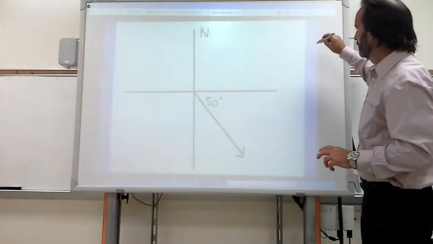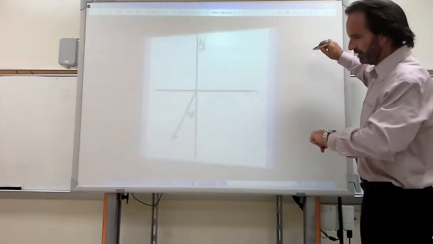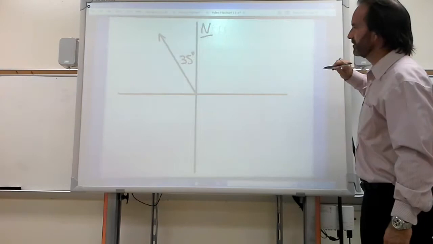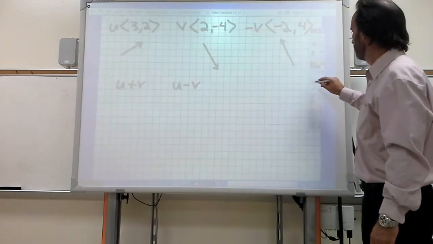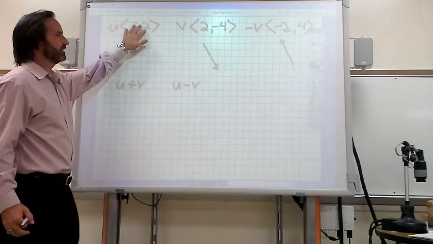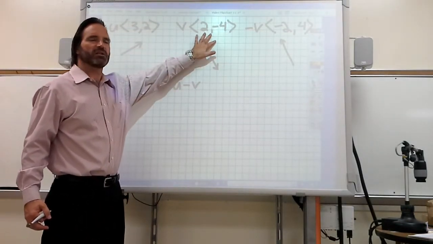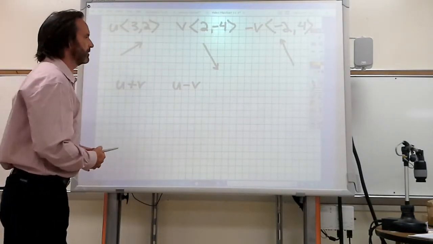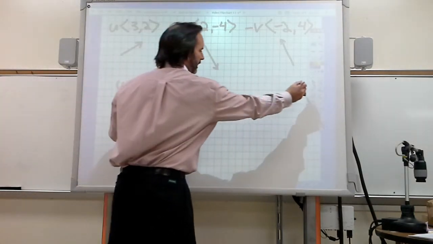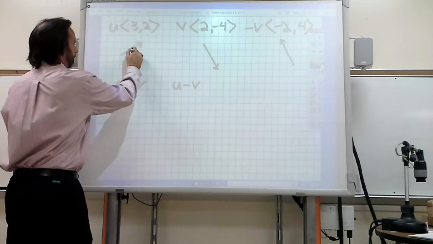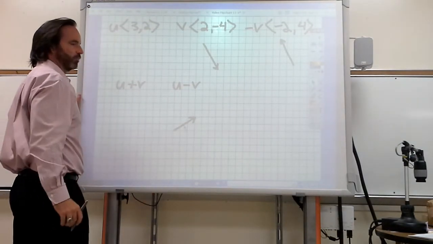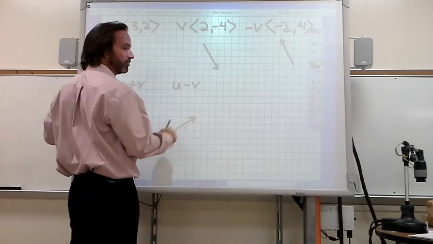I want to go back to one real quick thing, and that's, we're going to have multiple components though, all right? We need to be able to break things down so we can add vectors and see what the resultant vector is. We might be flying in a Cessna that has this vector, u, but it's in a hurricane and the winds are stronger than we're able.